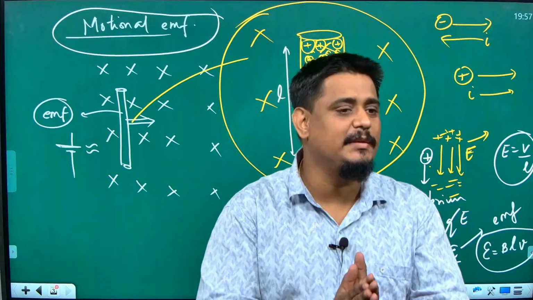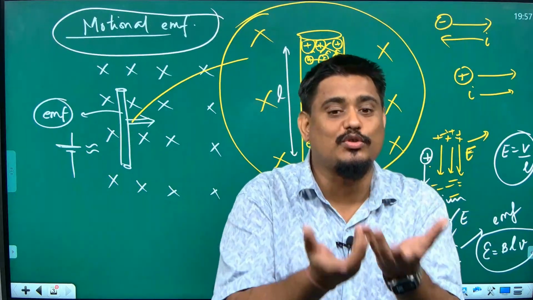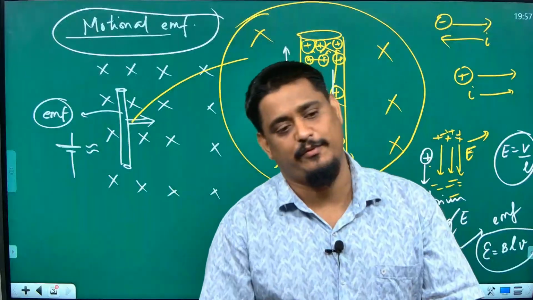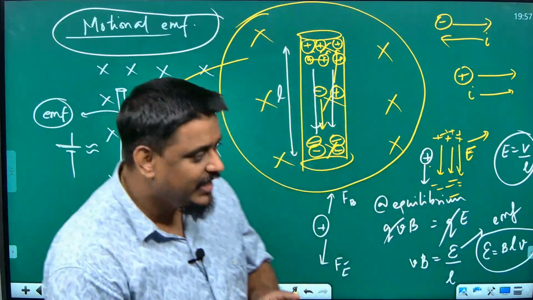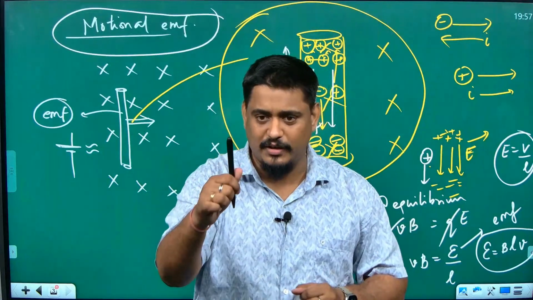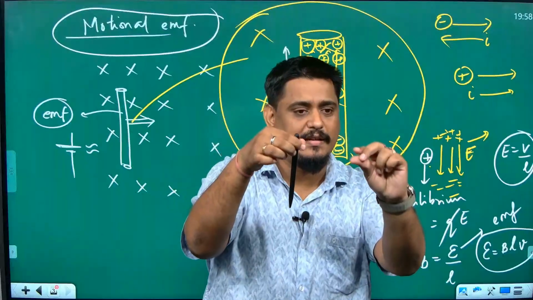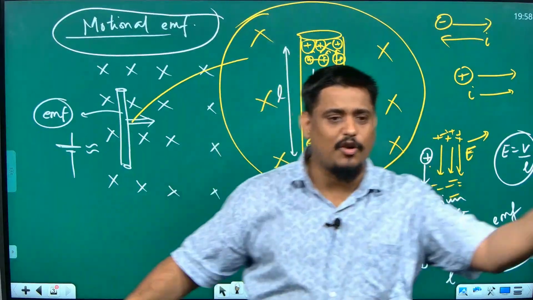And this motional EMF makes a conducting rod act as a source of EMF. It means that if I have a magnetic field here and a conducting rod here, I connect one wire here, another wire here, and one light here. And just because I move this rod, the bulb will glow.